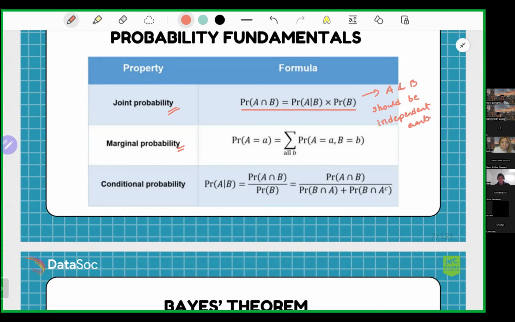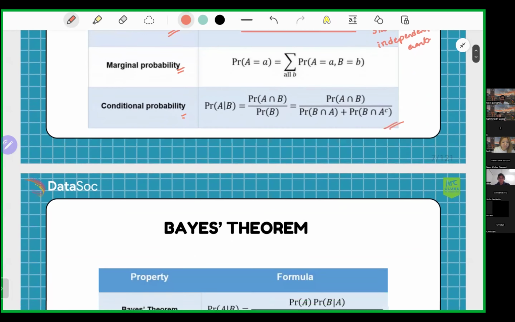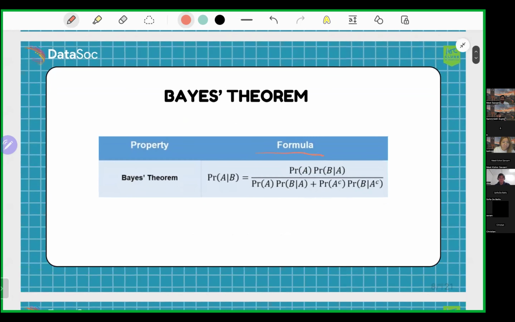Then we have the marginal probability and conditional probability. We are going to focus on conditional probability today because it is quite important in probability, because it is related to the Bayes theorem formula, and we'll look over this Bayes theorem formula with some examples.